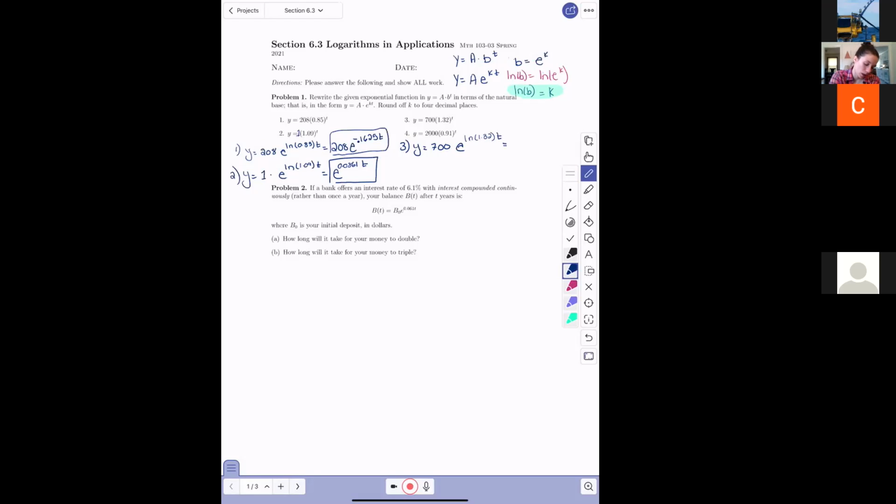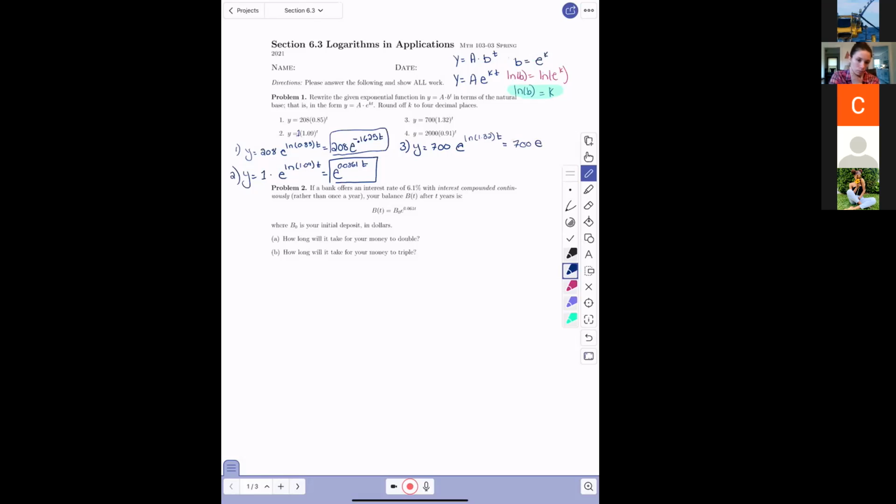And what is the natural log of 1.32? 0.2776. Good. So rewriting the function in natural log form, it is 700 times e to the power of 0.2776 times t. Any questions on that one?